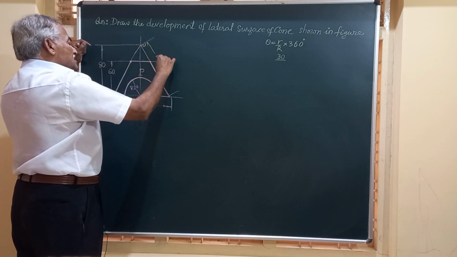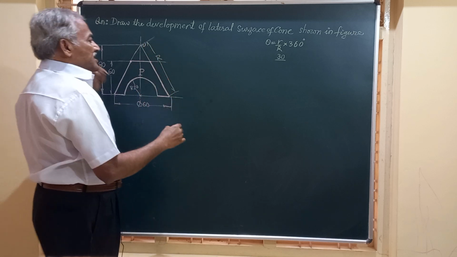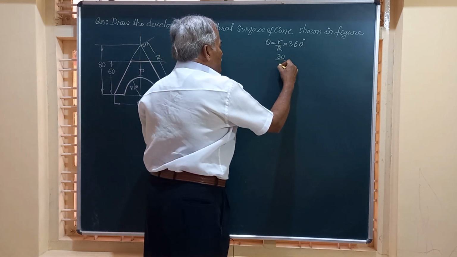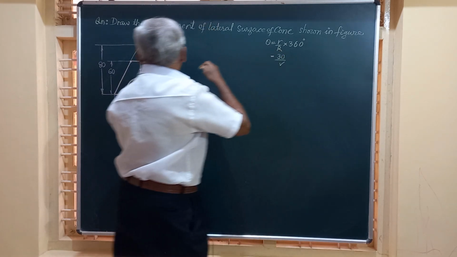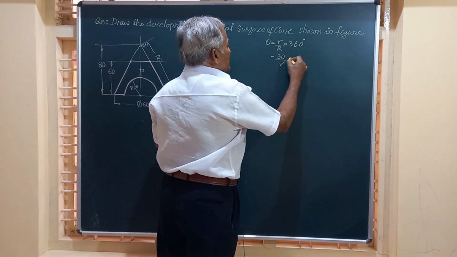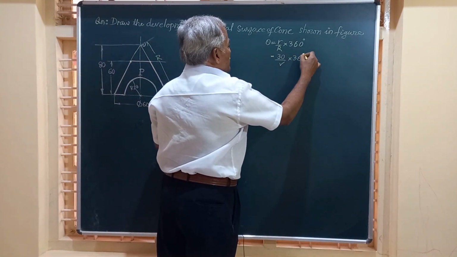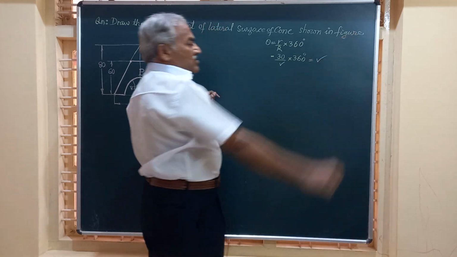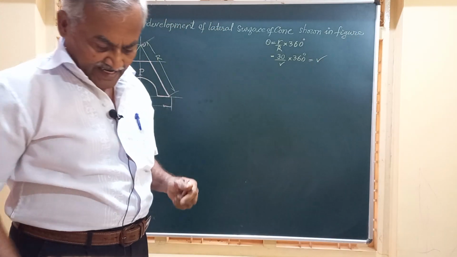This is the length of this slant generator R that can be obtained after construction of this triangle O dash, this figure. 360 is a constant quantity, so you will get this value. So theta we have calculated.